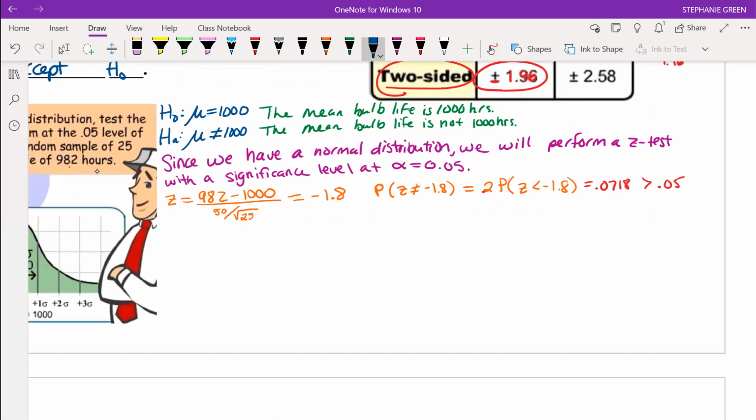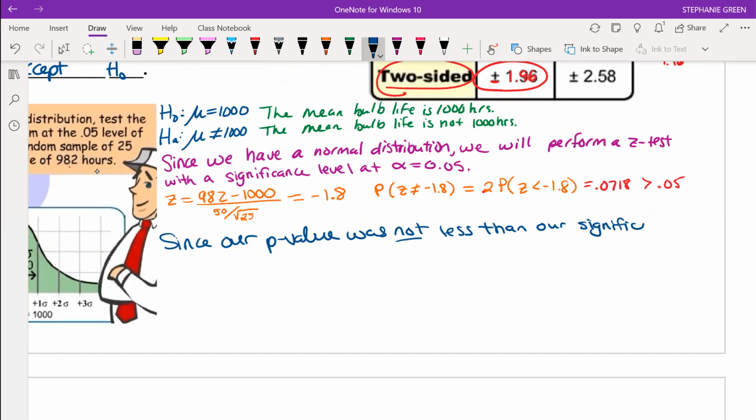I like to say, since our p-value was not less than our significance level, alpha, which was 0.05, in this case we cannot reject the null hypothesis.